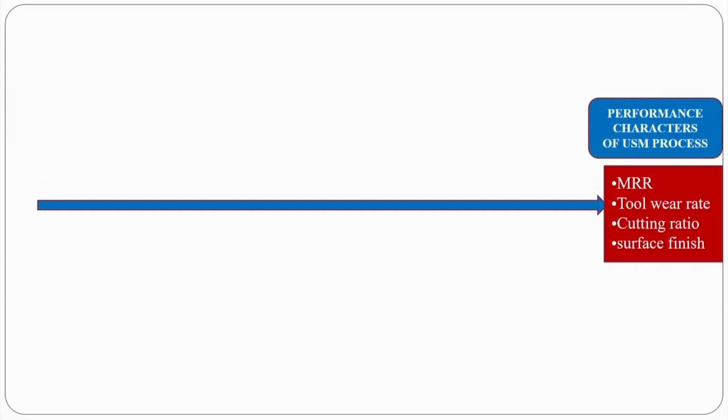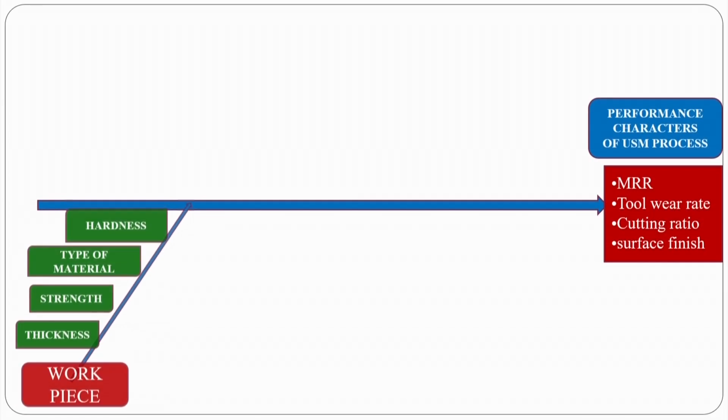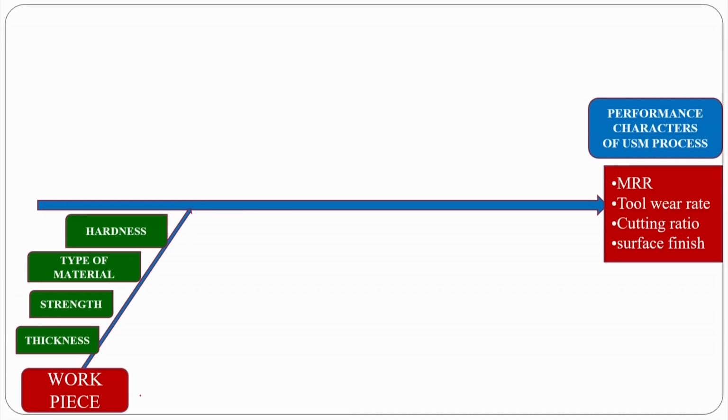If you see the input parameters and other things, we will see the fishbone diagram of the ultrasonic machining process, wherein the output responses like material removal, tool wear rate, cutting ratio, surface finish, all depend on various input parameters.